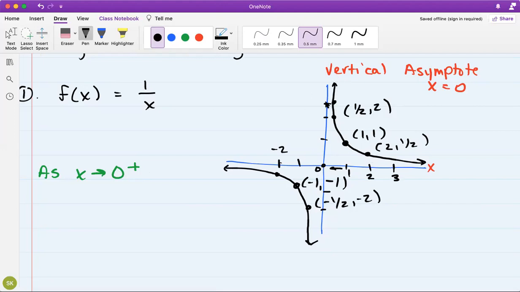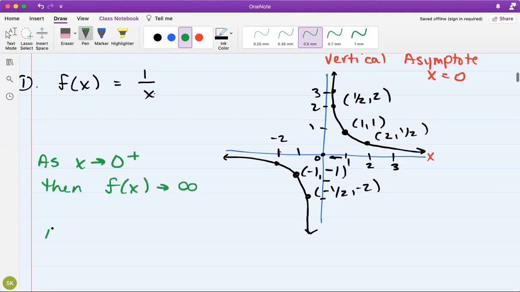You can see that if we plug in something very small, like let's plug in 1 over 10, this becomes 10. If we plug in 1 over 100, this becomes 100. So as x approaches 0 from the right, this is going up, up, up, up, up, and is going towards infinity. Then our function is approaching infinity. But notice what happens as x approaches 0 from the left.